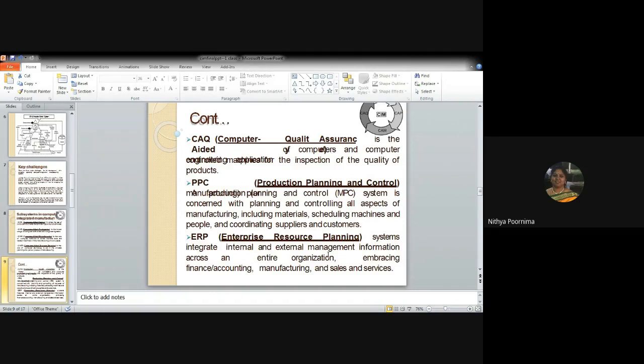Suppose for a car manufacturing company, some of the raw materials are from Hyderabad, some from Bangalore. Enterprise resource planning makes sure that for the assembly section, the right component from Hyderabad and the right component from Bangalore meet at a point for complete assembly. And not only that, for sales and service also, how much profit, what kind of costing, what kind of accounting is being done will be enabled by enterprise resource planning.